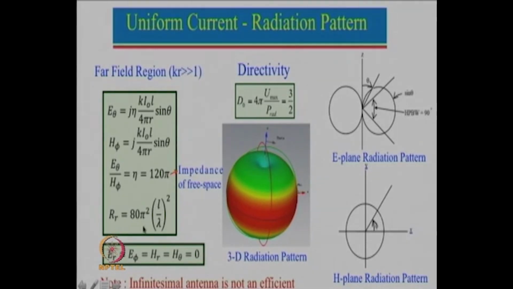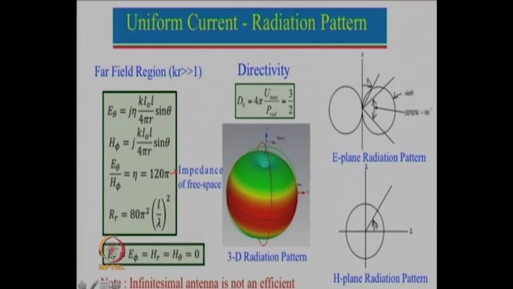And now you might wonder why I did not talk about this here, because in reality in no situation for a very small dipole antenna will the current be uniform; the current will be 0 at the end and maximum at the center, a triangular distribution.